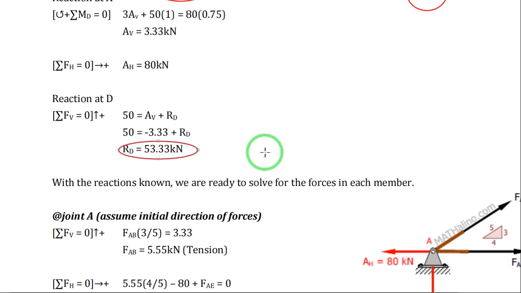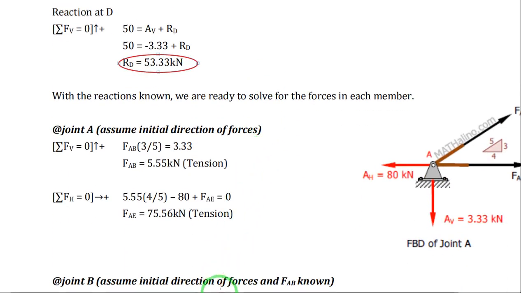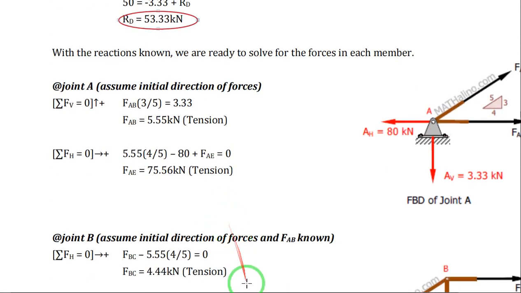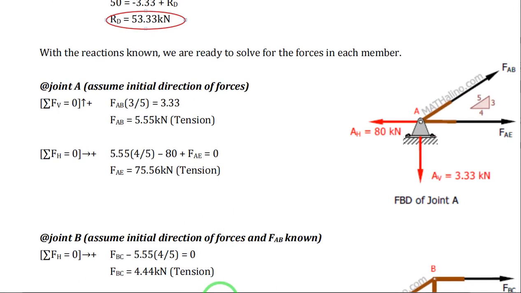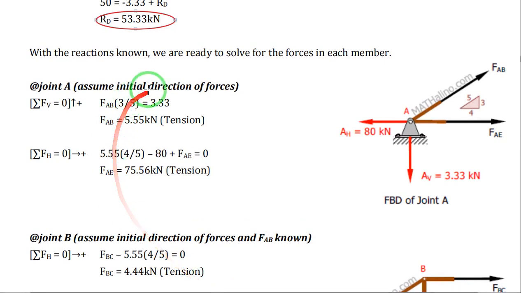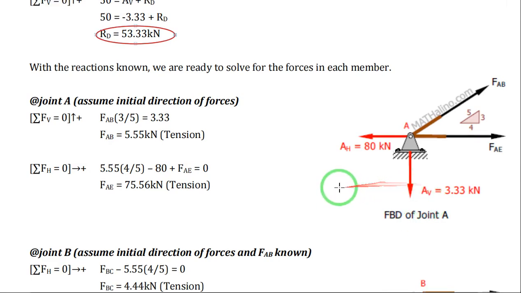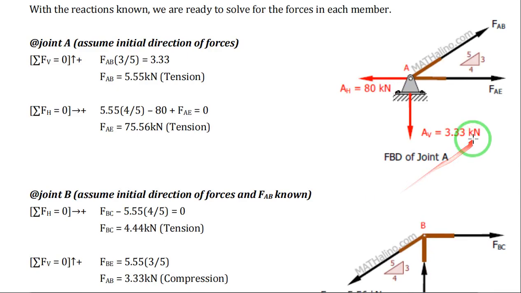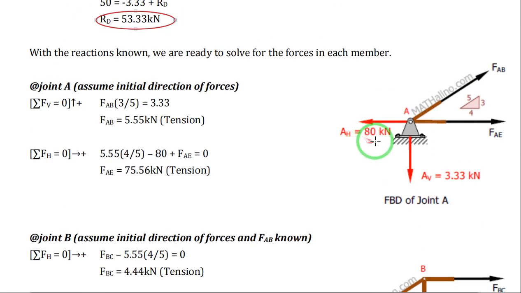Okay, and then with the reactions known, we are ready to solve for the forces in each member. So you can start in joint A, showing the resultant vertical reaction at joint A, which is 3.33 kilonewton downward, and then your A horizontal is 80 kilonewton, that is to the left.